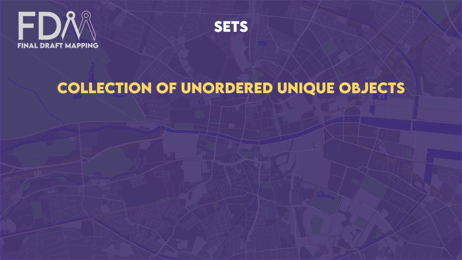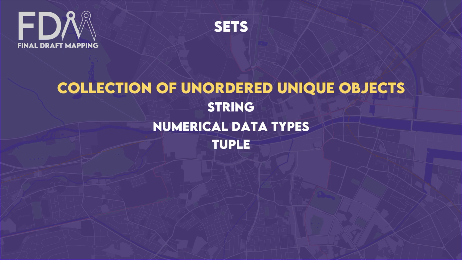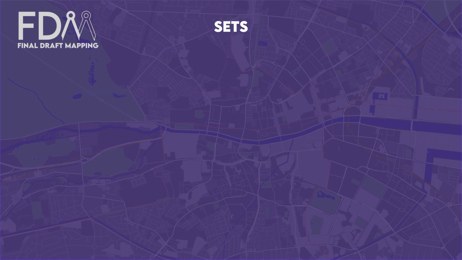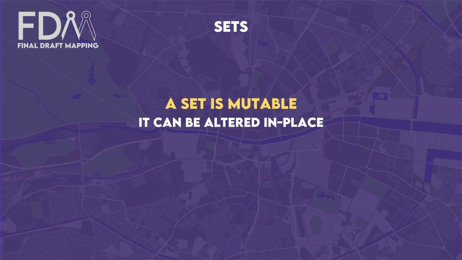As mentioned, a set is a collection of unordered unique values. These values can be a string, numerical data types, or a tuple. In other words, it must be an immutable data type. Sets themselves are mutable. This means that they can be altered in place.